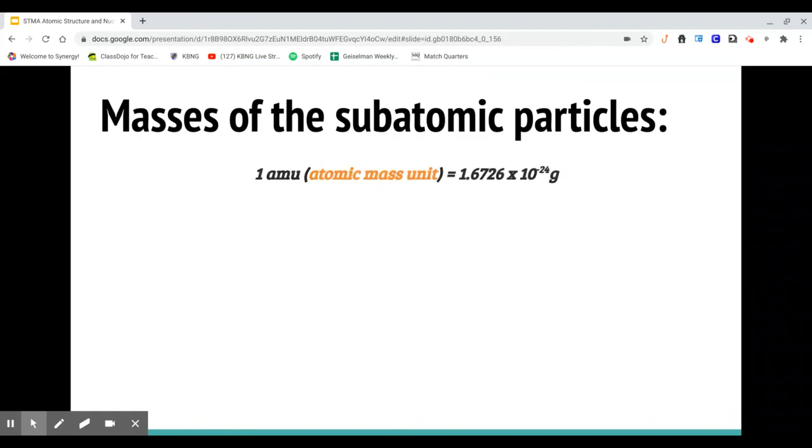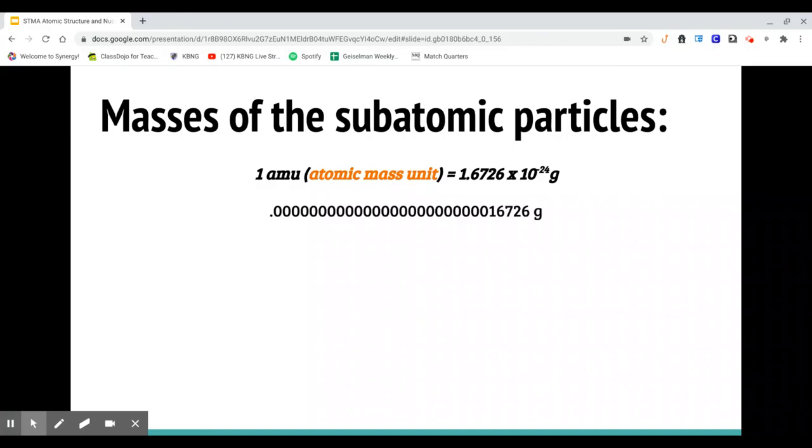When we look at the masses of all these particles, they're so small, right, that it's really difficult for us to understand. And that's a really difficult number to work with. So scientists figured out the mass of a proton and the mass of a neutron, and they figured out it was pretty close to the same. So what they did was they made that mass one atomic mass unit.